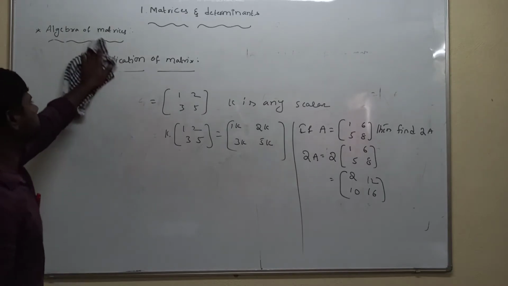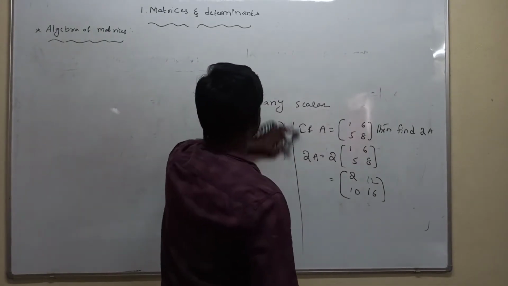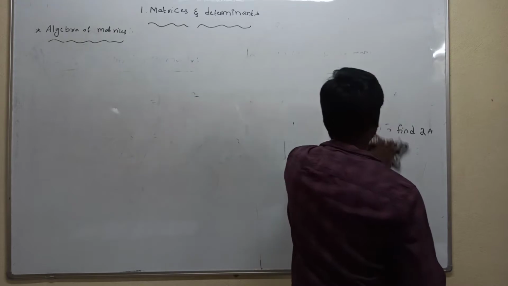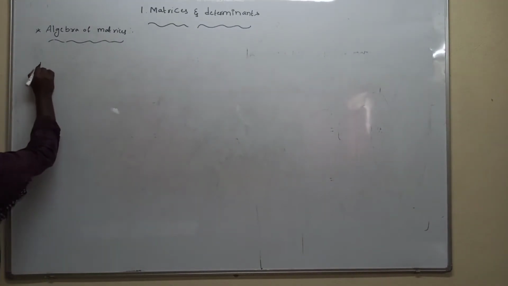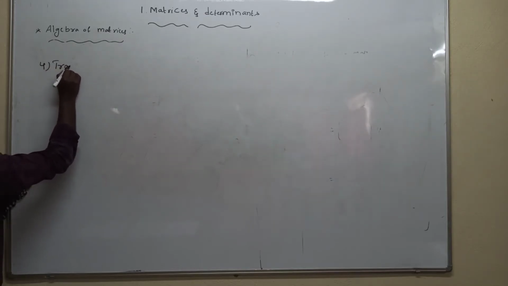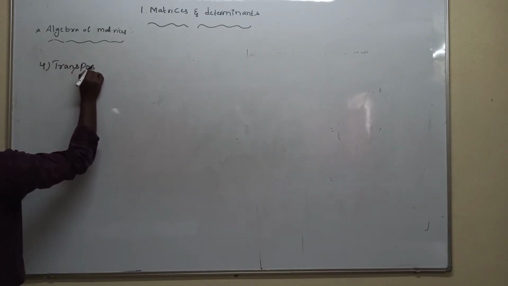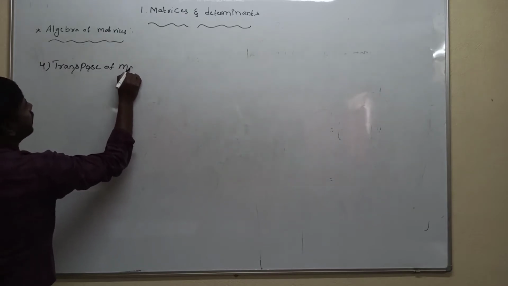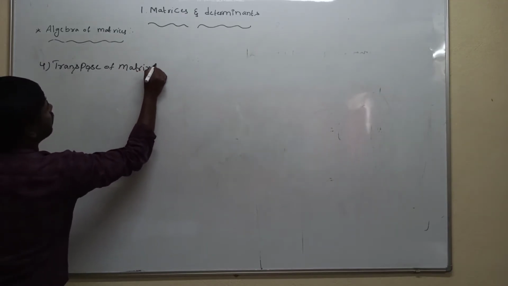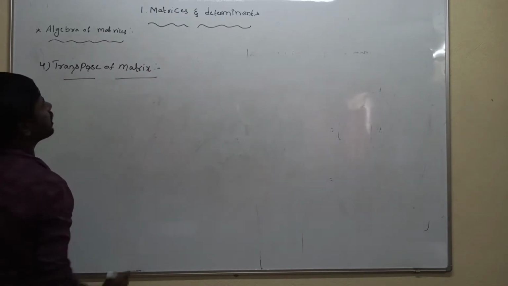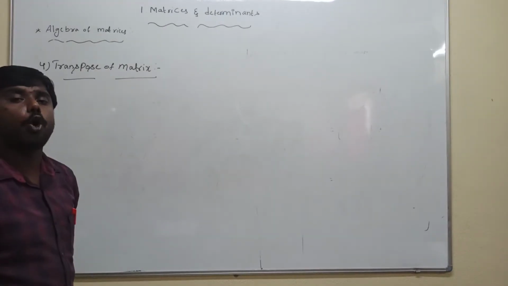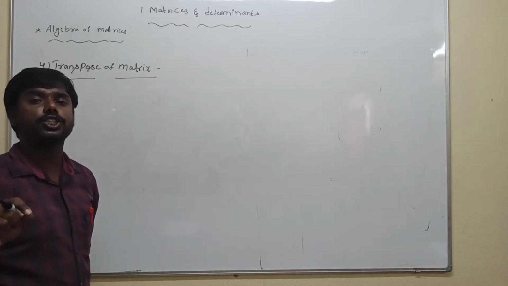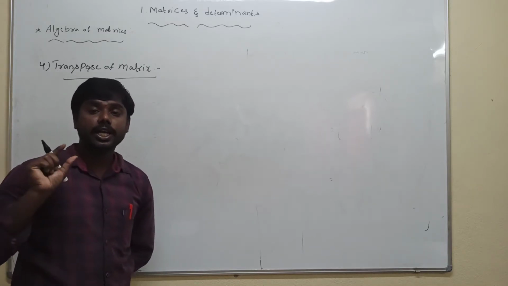Next, the fourth one is the transpose of a matrix. What is the definition of the transpose of a matrix? It is the matrix obtained by interchanging rows and columns.